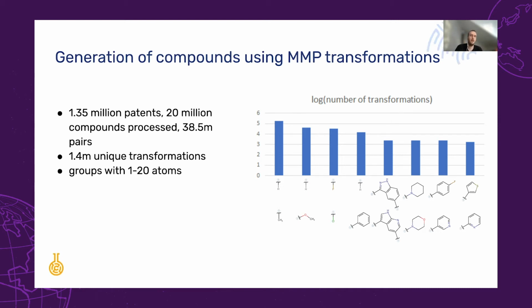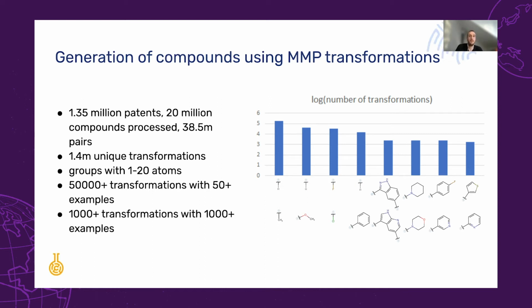And with respect to the occurrence of transformations, we have found that there are at least 50,000 unique transformations with about 50 or more examples behind them. And there are more than 1,000 transformations each with more than 1,000 occurrences. So this data set and the high frequency transformations suggest that we could actually have a compound suggestion tool which feeds on all of the published examples out there in the world.